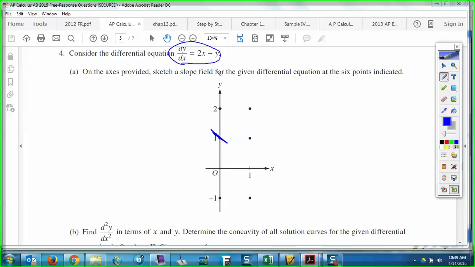And if I put in 1, 1, I'd get 2 minus 1. That's a slope of 1. So I'd have a slope of 1 right there. 0, 2: put a 0 in for x, 2 there, -2. So it would go like that, and so forth. Wherever there's a dot, you would plug those in and get those slopes and then sketch them as a slope.